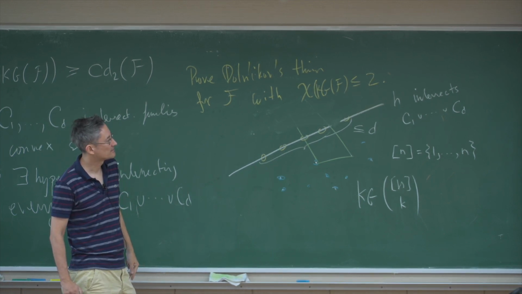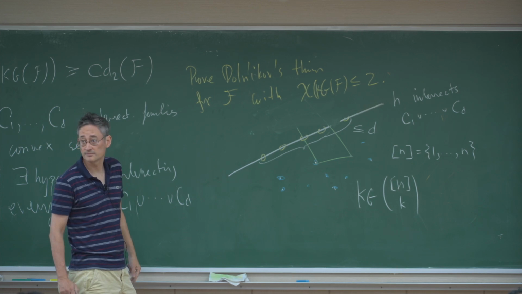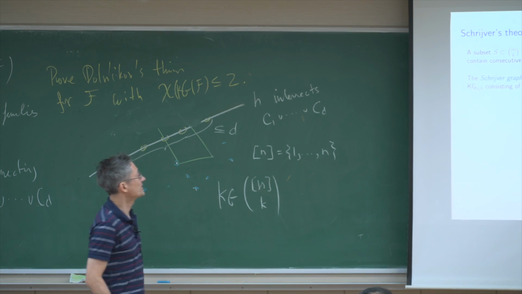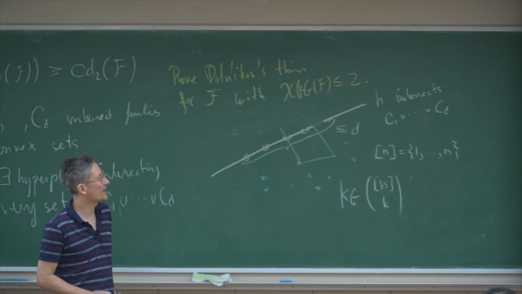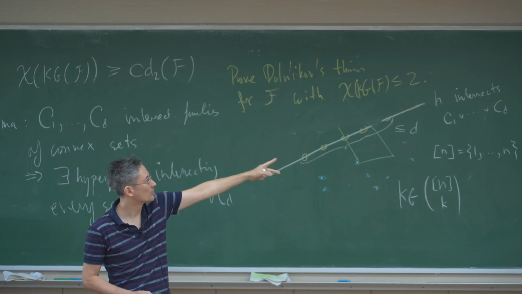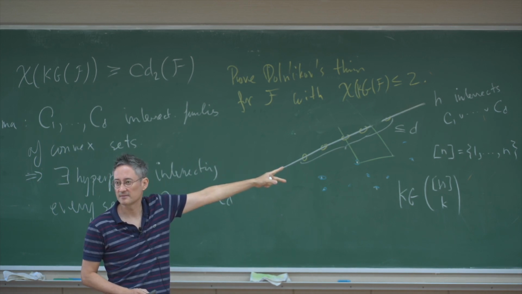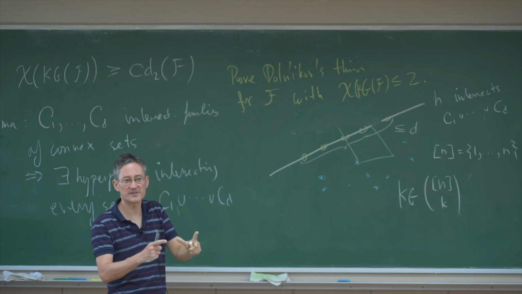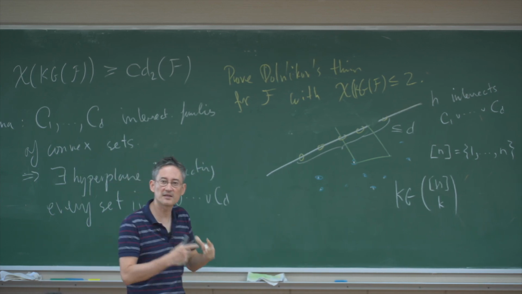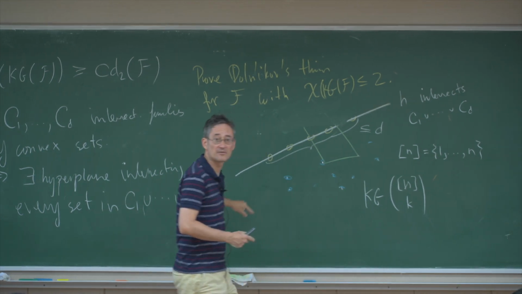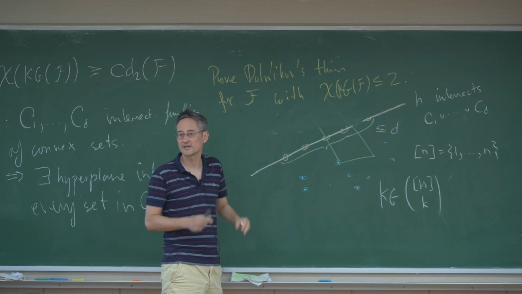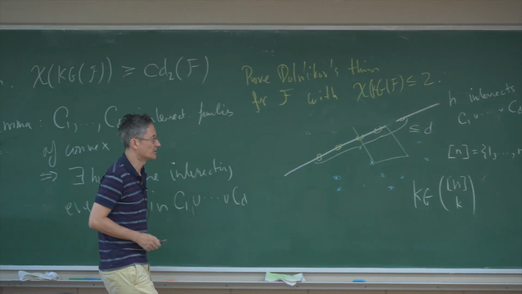This is not stable. And the Schrijver graph, SG(n,k), is a subgraph of the Kneser graph where you only take the stable sets. So you take the stable sets and look at the Kneser graph of the stable sets. That is clearly a subgraph because you're only selecting some vertices. You're not taking all n choose k, you're only taking the stable ones.